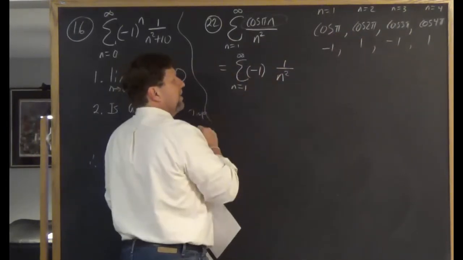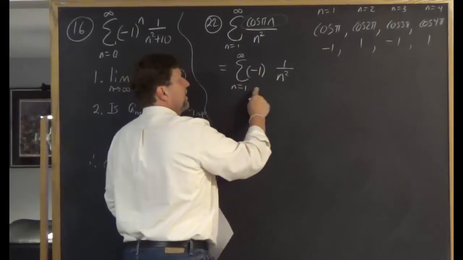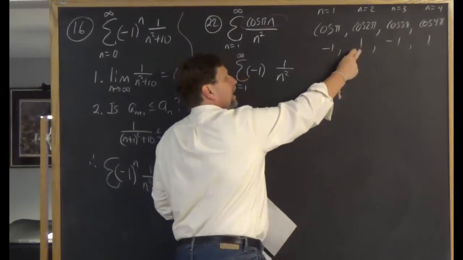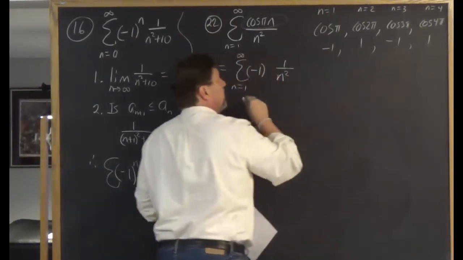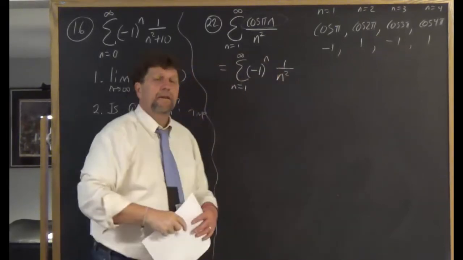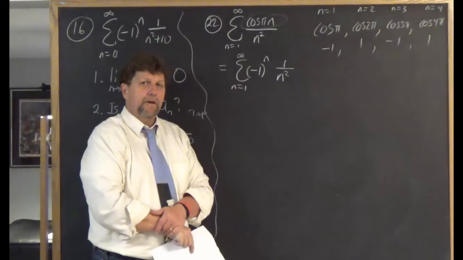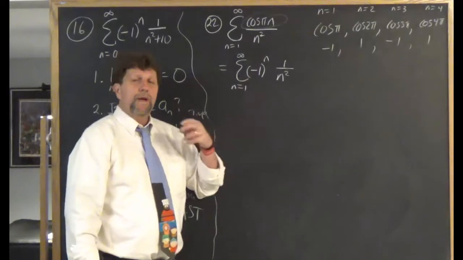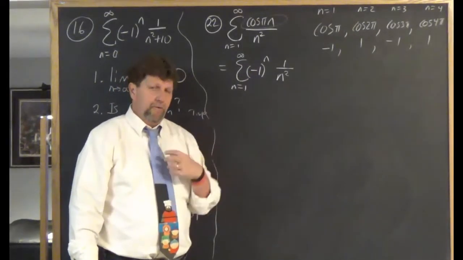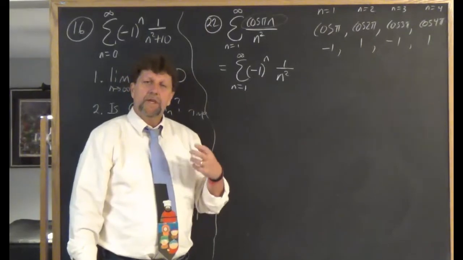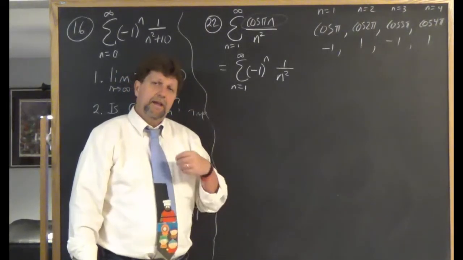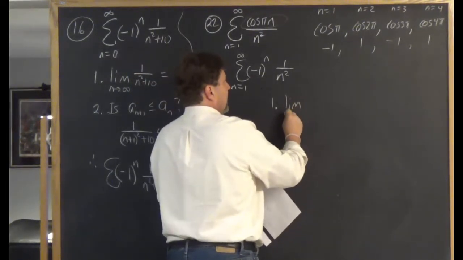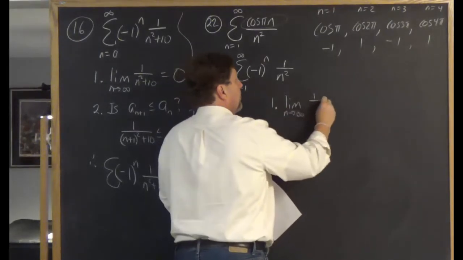So what must my exponent be here? When I start at 1, I get negative 1, and for n equals 2, I get positive 1, and for n equals 3, I get negative 1. That's it. It would just be the nth power. So the series is being rewritten into a more user-friendly form for us to analyze it using the alternating series test. And the alternating series test says, first, check the limit as n goes to infinity of 1 over n squared.